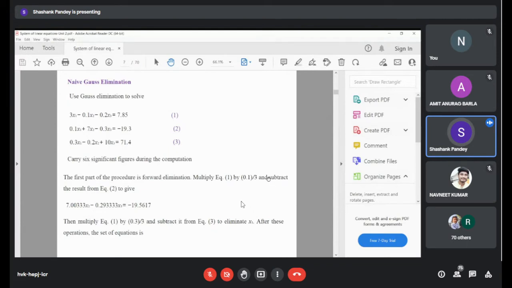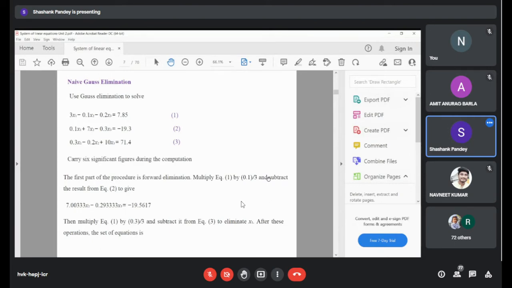Since we are eliminating the term 2 comma 1, that is second row and first column, we will denote this by f21. So f corresponds to factor, 2 corresponds to the row and 1 corresponds to the column. So f21 is the factor corresponding to second row, first column.